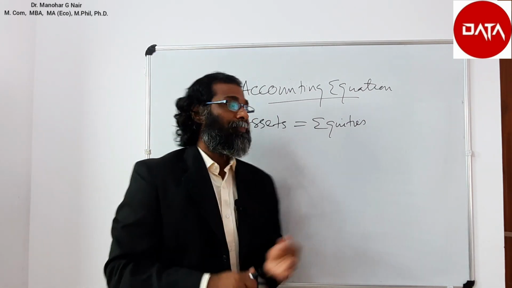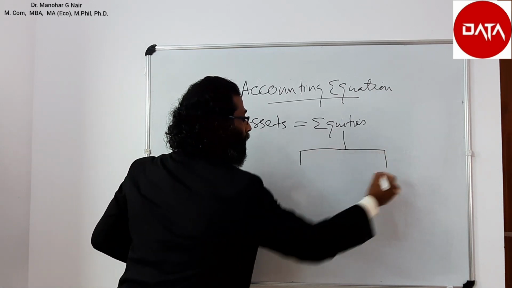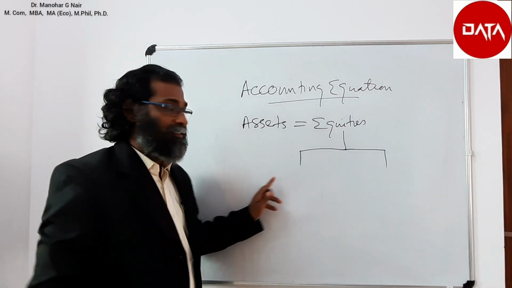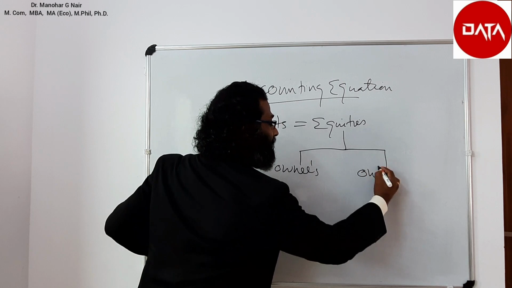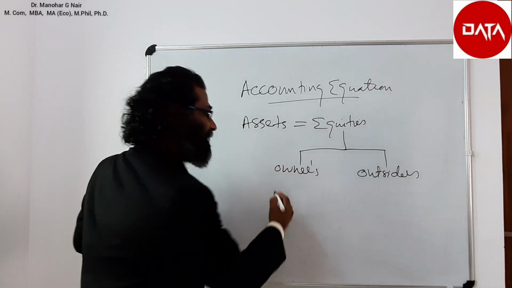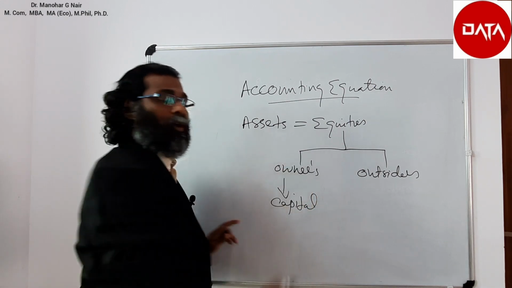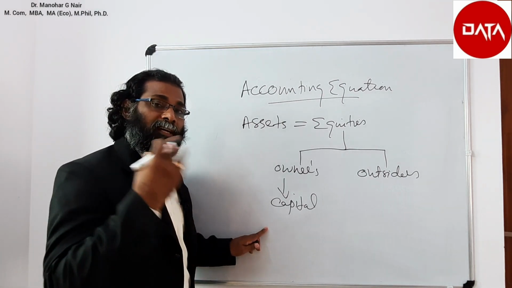It may be owner's equity or creditor's equity, or we can classify the equity into two compartments, that is owner's equity and outsider's equity. Owner's equity is nothing but just capital and the contribution made by the owners to start the business.